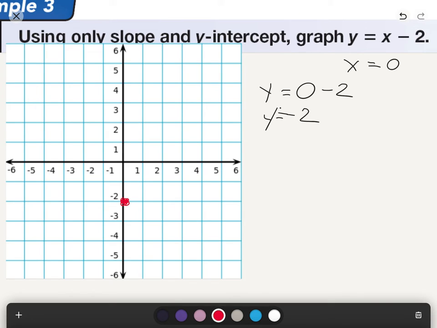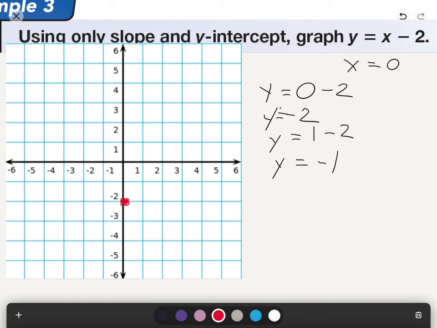Okay, and this is kind of an interesting equation. So what if x is 1? It kind of just goes to show that if x is 1, then 1 minus 2, it's going to be y equals negative 1.